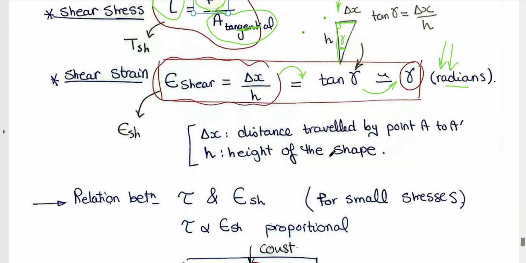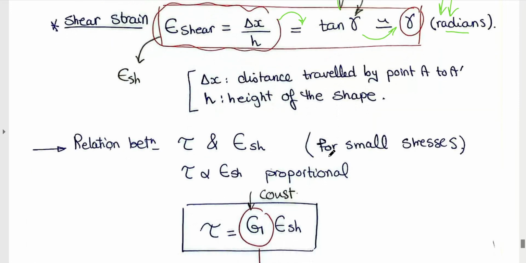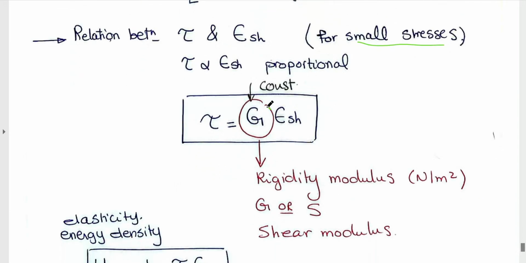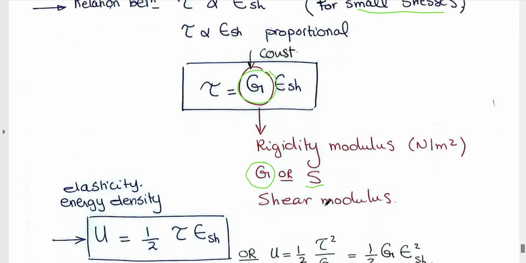What is the relation between the shear stress and the shear strain? Again, for small stresses, they are proportional. And the constant of proportionality is called the rigidity modulus. Its symbol is capital G, and in some references it's called capital S, the shear modulus. The same as the discussion we had in the longitudinal elasticity.